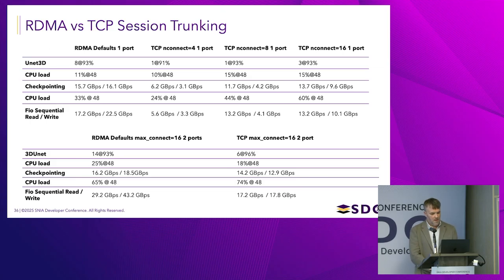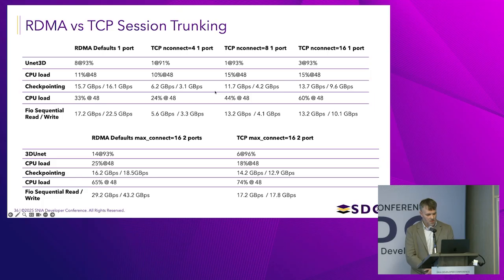TCP multi-streaming allows me to increase read performance linearly, and as you can see, this parameter impacts write performance more than read performance. Take a look at checkpoint write speed.